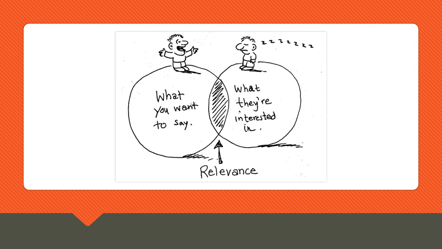So relevance is the most important ingredient in email. That's the message I'm trying to convey here. I'm not saying it's okay to spell things wrong, and I'm not saying it's okay to be grammatically incorrect, but I am saying if you're not relevant, getting those other things right just doesn't matter.